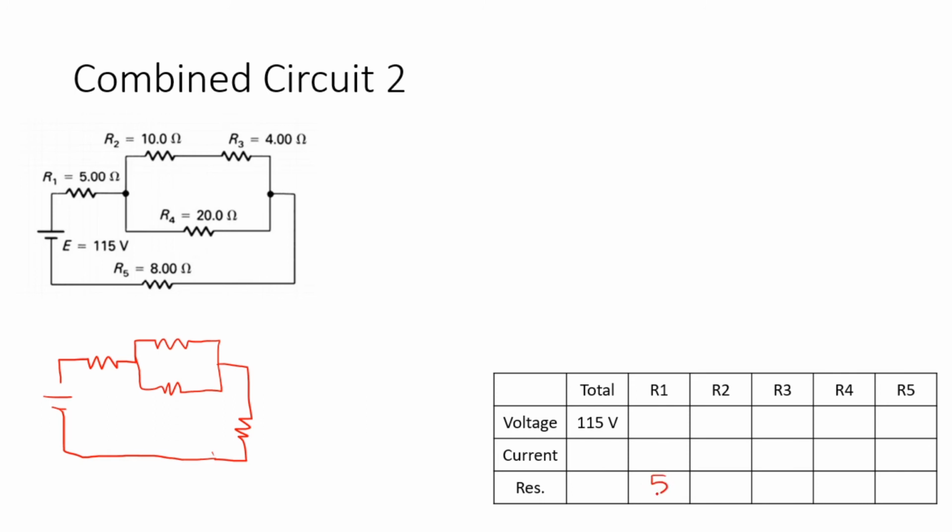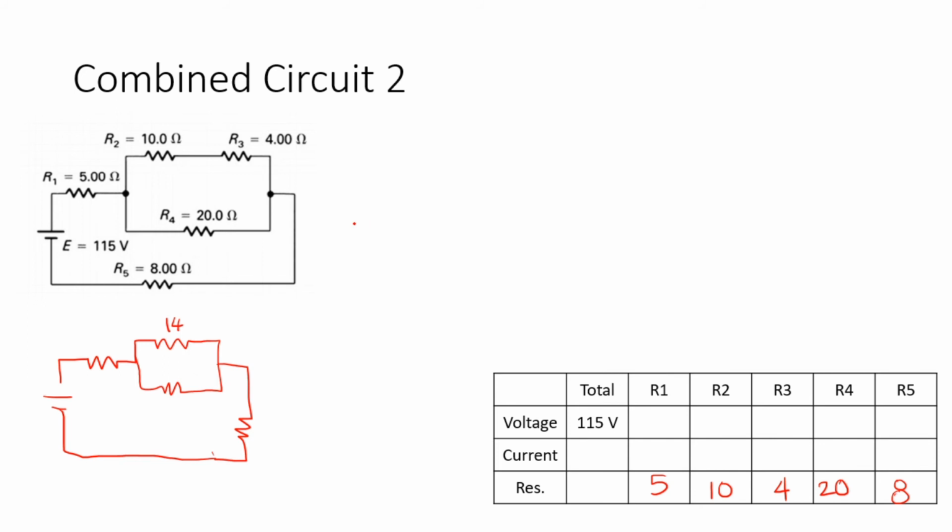R1 is 5, R2 is 10, R3 is 4, R4 is 20, and R5 is 8, and 115 is the voltage. Okay, so my first simplification is to combine R2 and R3. They're in series with each other, so I can just add them. This is equivalent to 14 ohms.